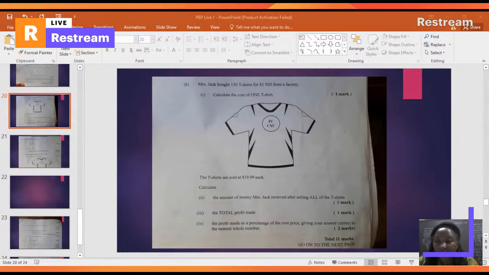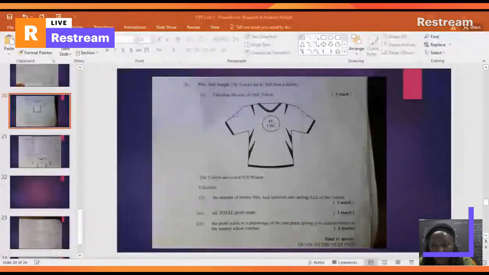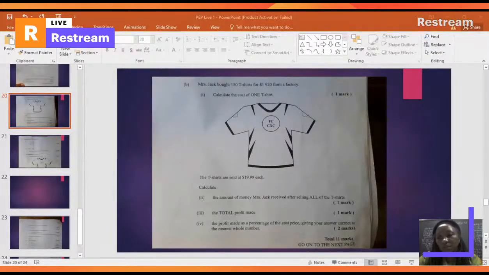And that gives 56.171%. They want us to round it off to a whole number. Since the first decimal place is 1, we can just ignore the rest of the decimals. If it were 5 or more, we would add 1 to 56 and get 57. So we're rounding it down, and the answer is 56.